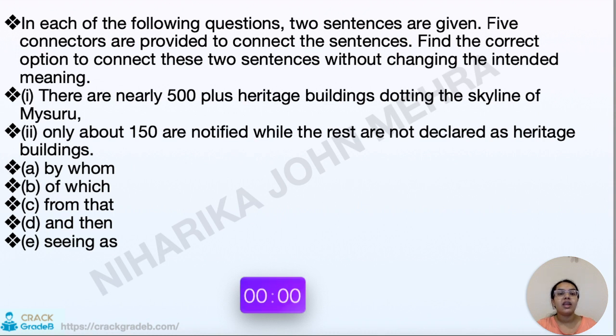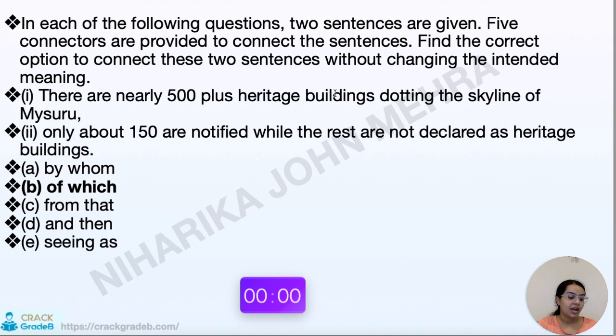Okay, there are nearly 500 plus heritage buildings dotting the skyline of Mysuru. 150 are notified, so 500 first, and from the numbers, out of 500, 150 are notified. So 'out of' is not given as an option. That's the only fact.